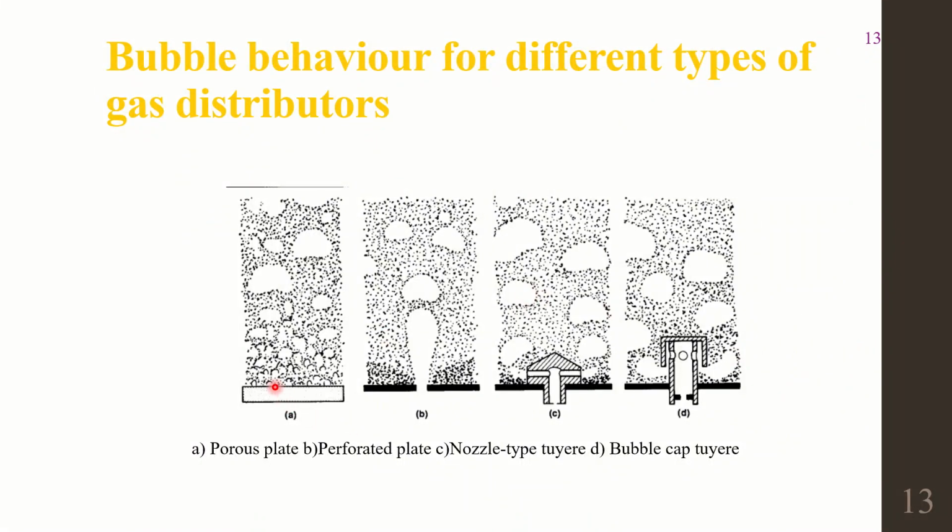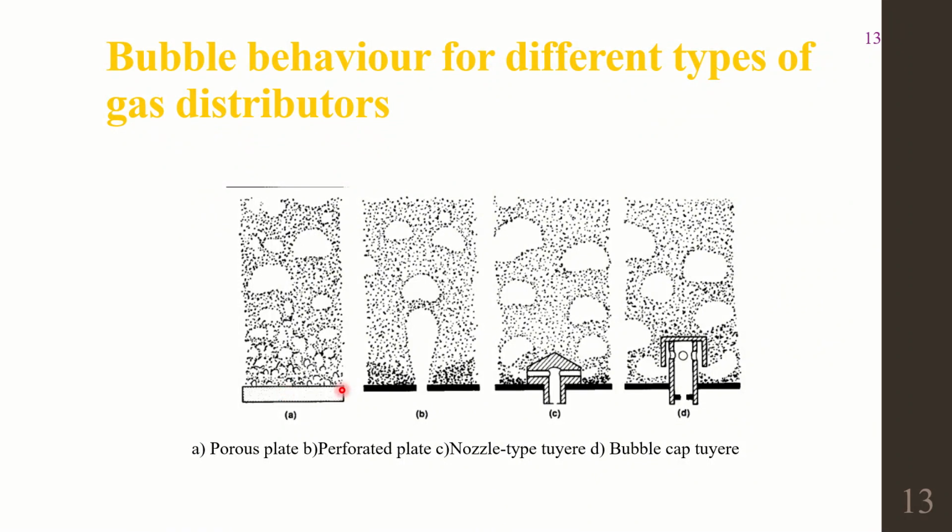In porous plate distributors, initially smaller bubbles are formed, and as they go up, due to bubble coalescence, they grow in size, and on reaching the surface of the packed bed, they burst and drop the solids back. So this is what happens in the porous plate distributor.